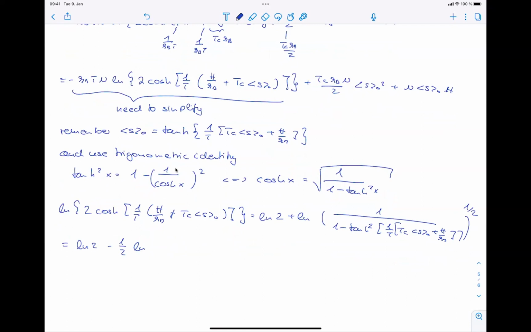I pulled out the minus sign because I'm going to invert, I'm going to multiply with the power of -1 to put the 1 minus tanh to the top, so that I have in fact just a 1 minus magnetization squared.